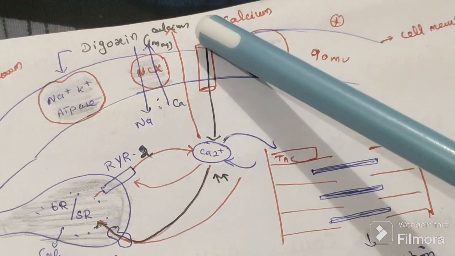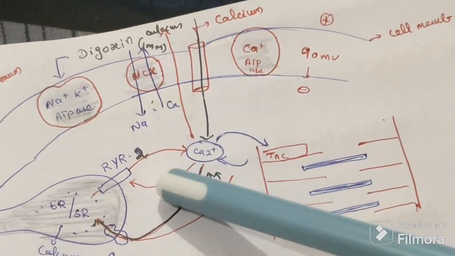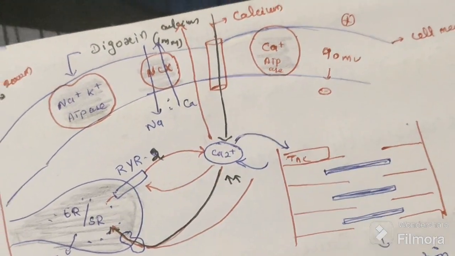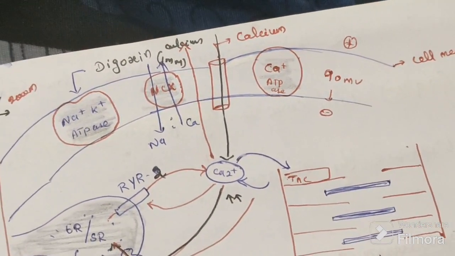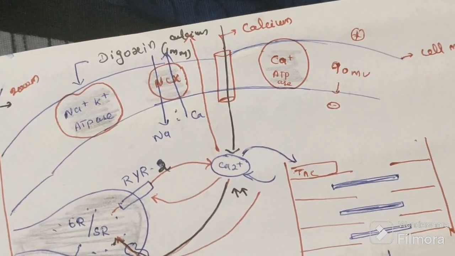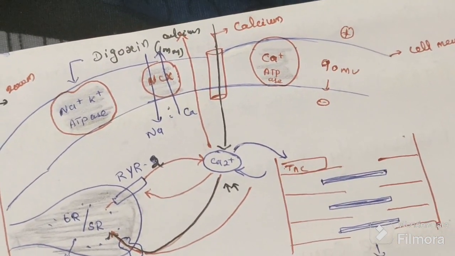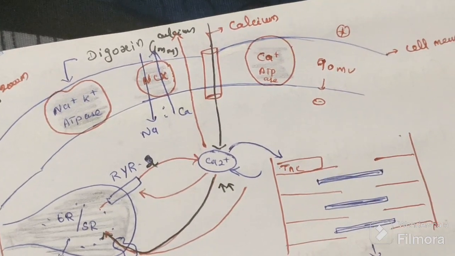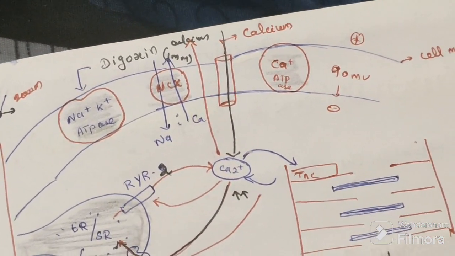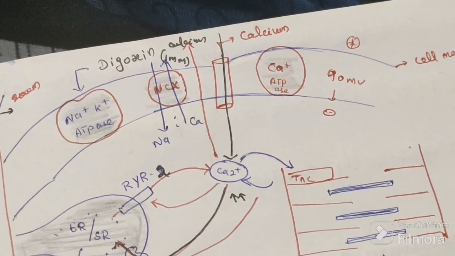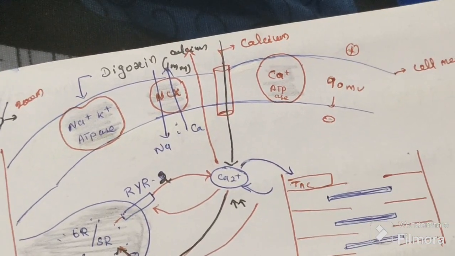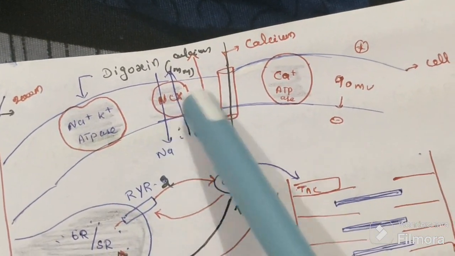In exchange, it will take sodium inside. So calcium goes outside and sodium comes inside. This is the sodium calcium exchanger.